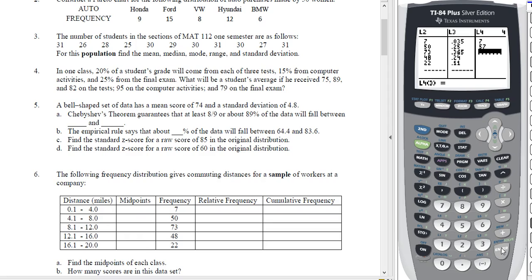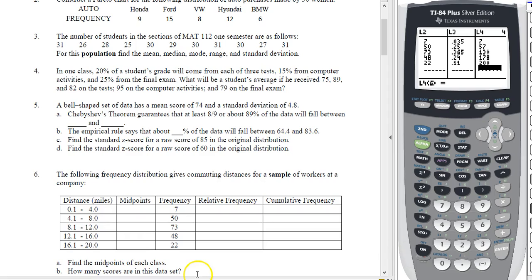In fact, you can do that right here. You can take 57 plus 73, 130, and then you want to add 48. So 130 plus 48 gives you the next cumulative frequency, and then you get the last by adding 22, and it should always be the total, that last cumulative frequency.